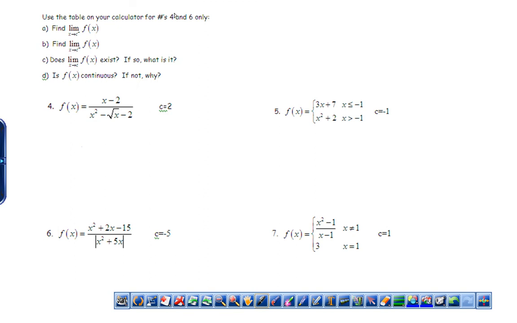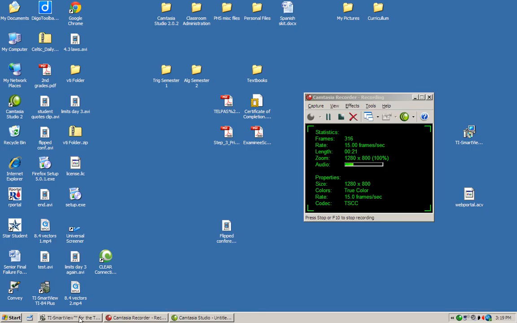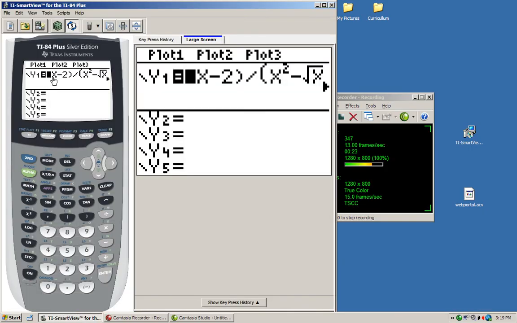Okay, on this next section, you do need your calculator, and I'm going to show you how to use your calculator on this. It says use the table on your calculator for numbers 4 through 6 to find your limit from the left side, the right side, and to see if it exists. So take a minute and plug number 4 into your calculator. Okay, with it plugged into Y1, I'm going to go to my table set.